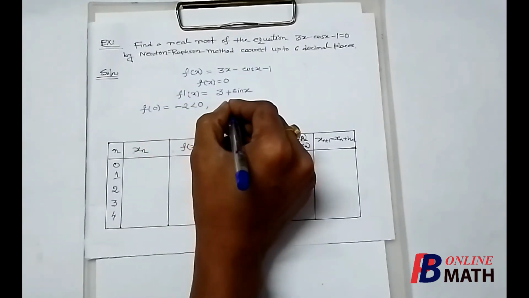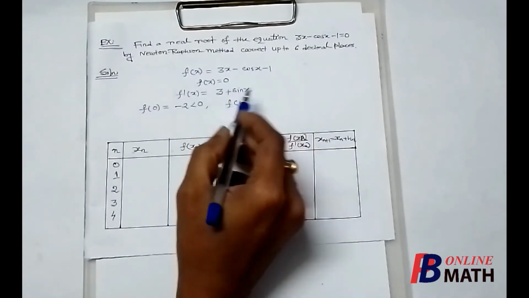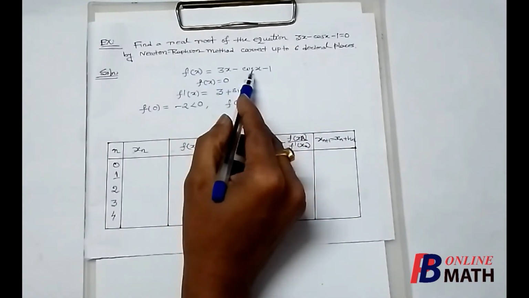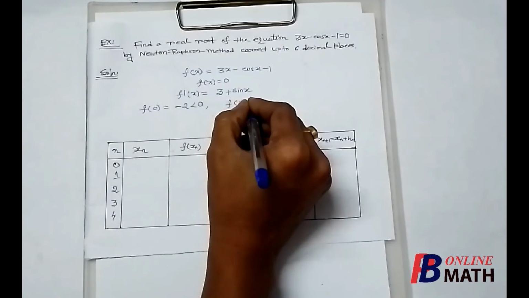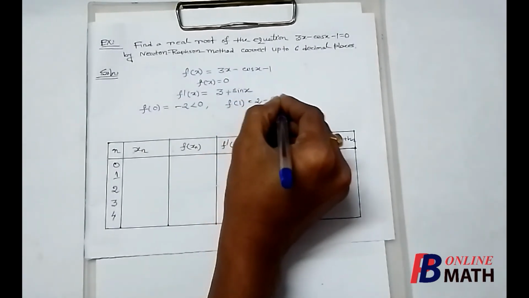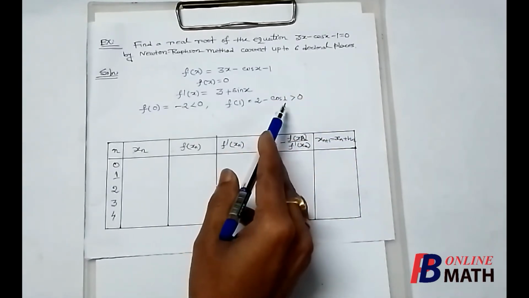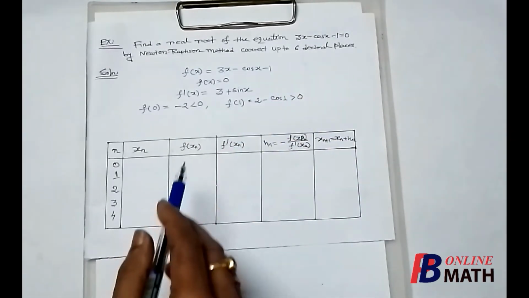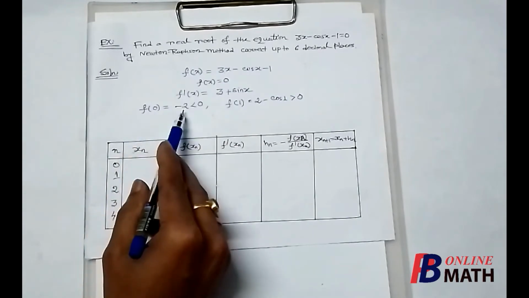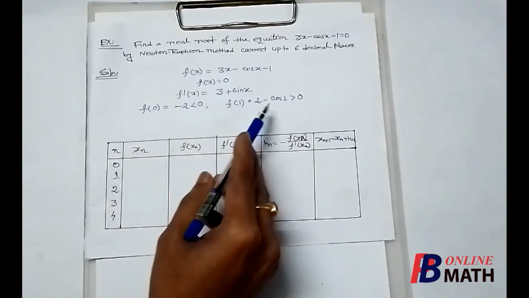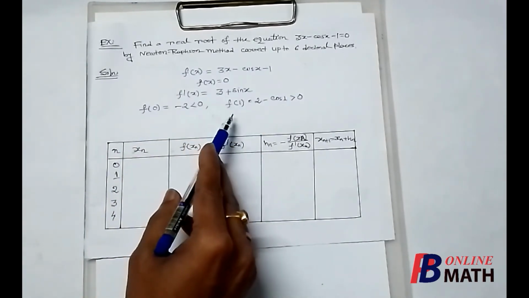Now if we compute f(1), then it will be 3 minus 1 minus cos of 1, that is 2 minus cos 1. That should be always greater than 0, because cos 1 lies between minus 1 to plus 1. So here we have found that f(0) is negative and f(1) is positive. So there exists at least one real root between 0 and 1.